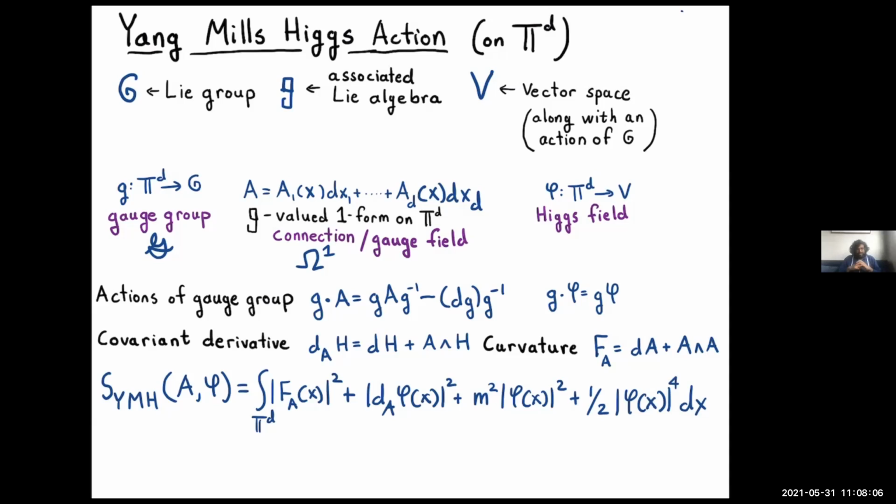Now, what's important here, and what's one of the central stories in gauge theory, is that while the thing that you would test in the laboratory is the curvature or the electromagnetic force, in order to write Maxwell's equations as a variational problem, you want to vary the potential.